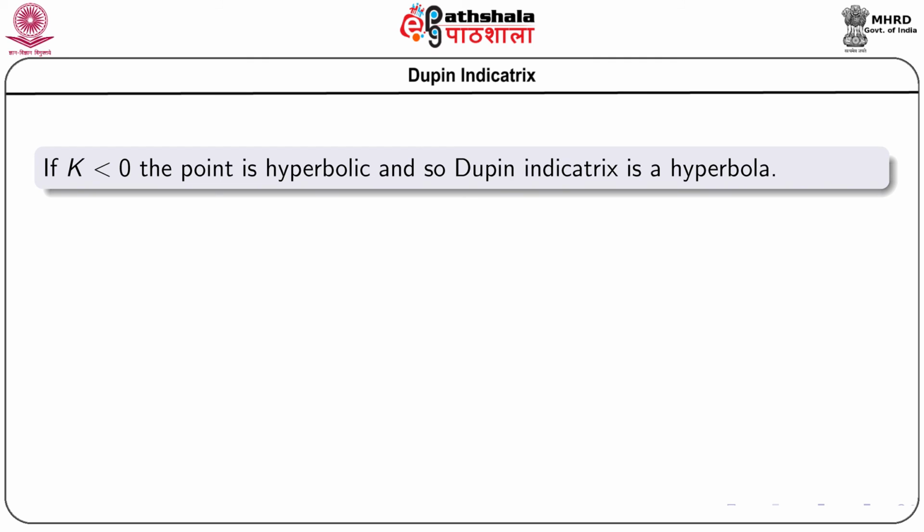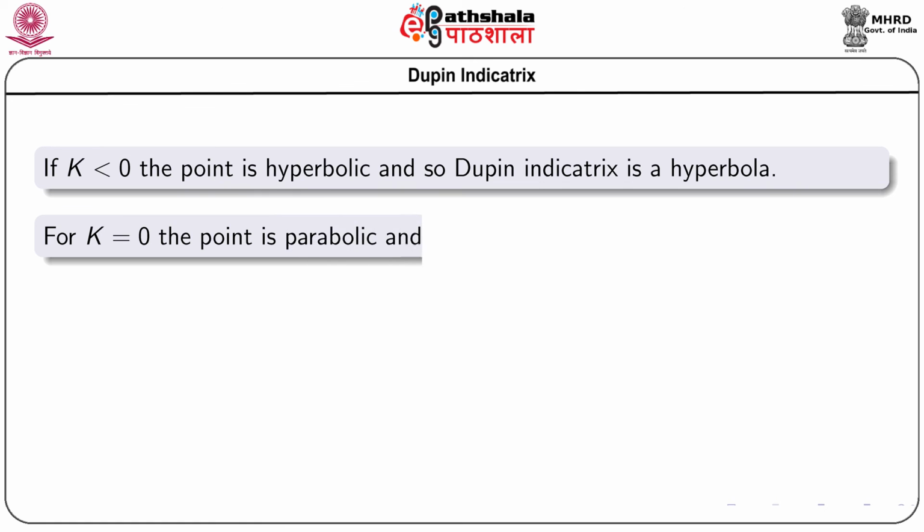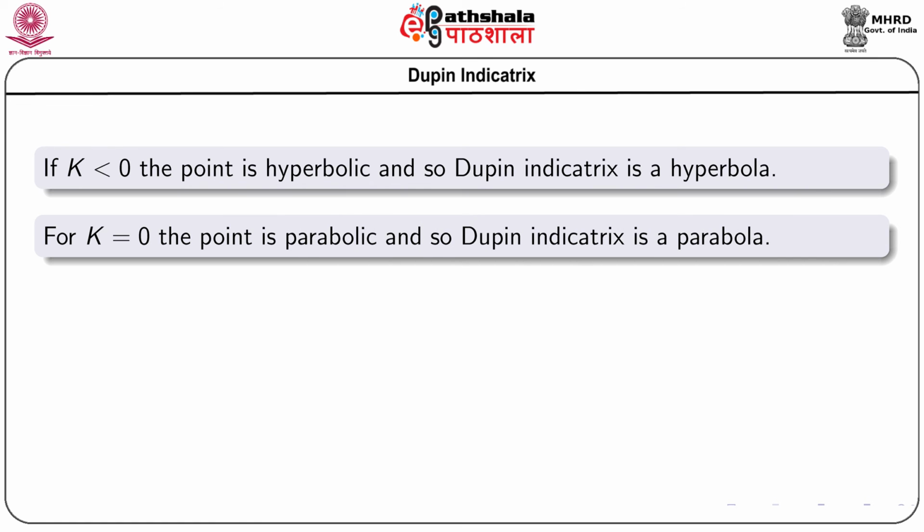If the Gaussian curvature is less than 0, the point is hyperbolic, and so the Dupin indicatrix is a hyperbola. And for K equals 0, the point is parabolic, and so the Dupin indicatrix is a parabola.